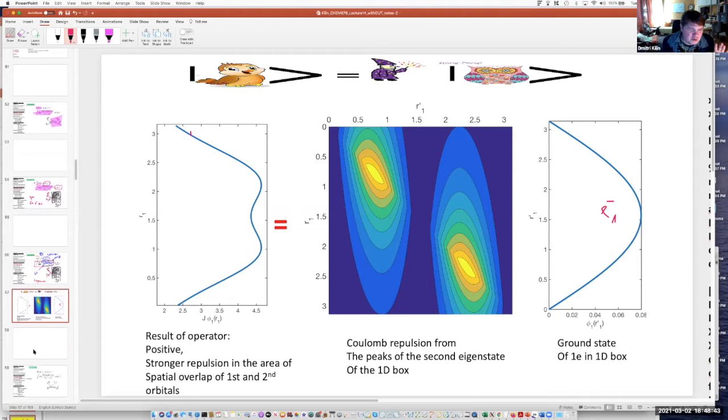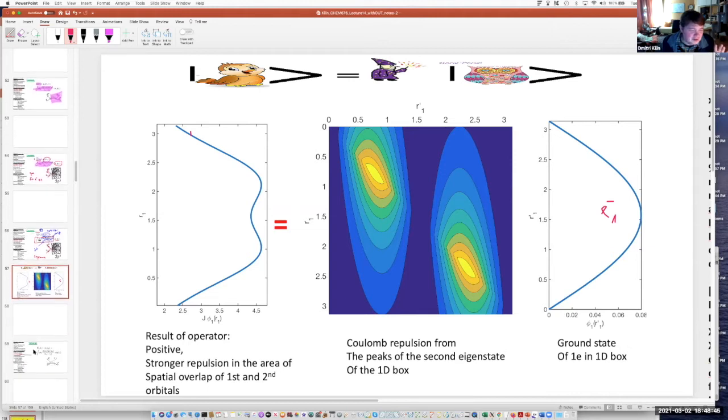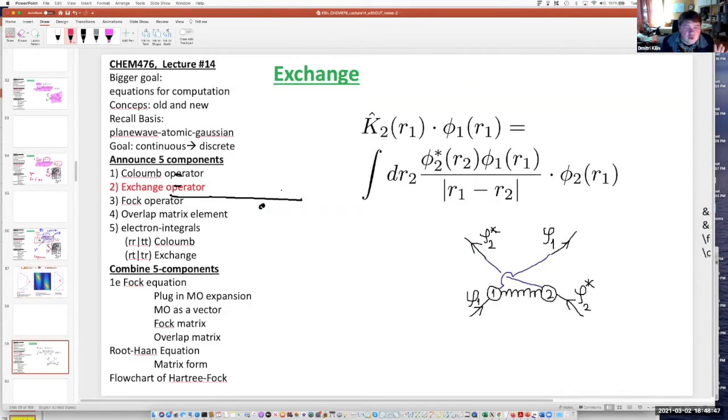But I'm not sure if it is helpful. So now we need to treat the second type of terms, which is negative. The diagram where electrons swap their states.